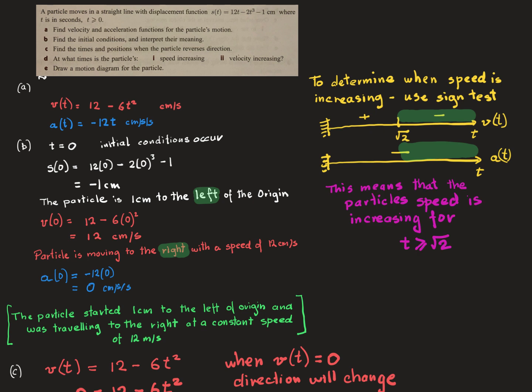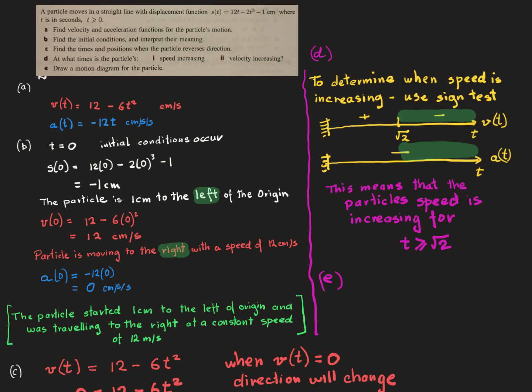So what's the difference with the question when you're asked when is the velocity increasing? I'll just draw a line here so that we don't get this mixed up. Now, so far I've answered D here, the speed increasing. Well, what about the velocity increasing?